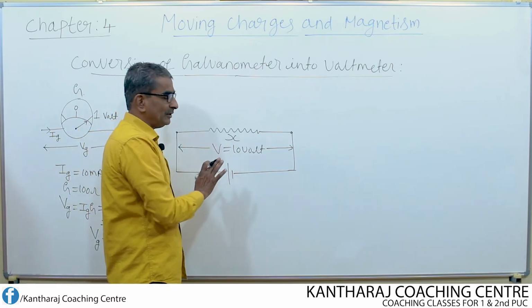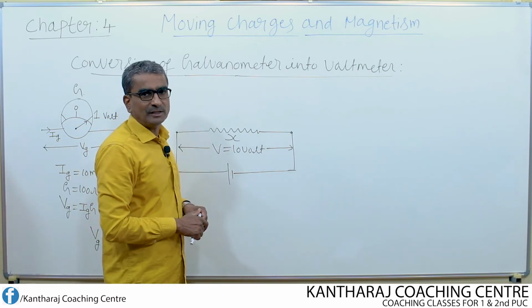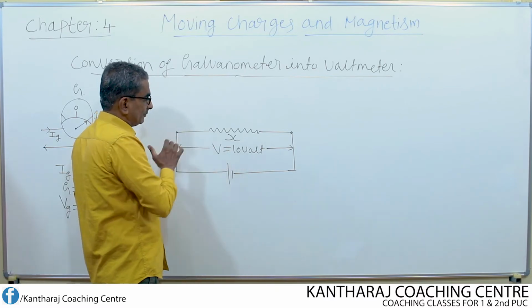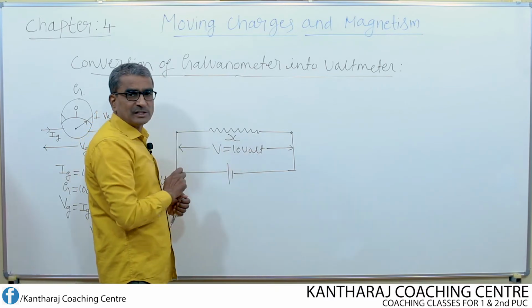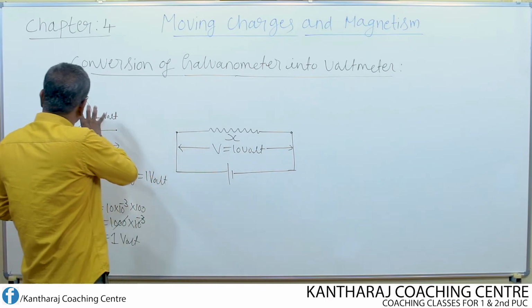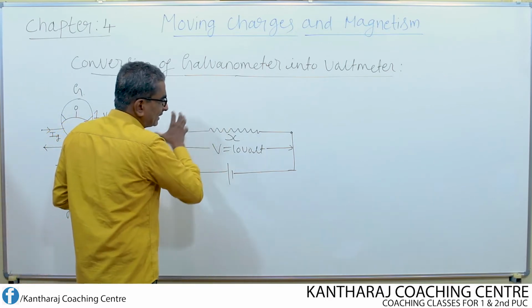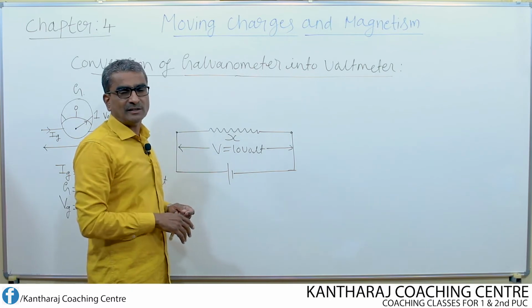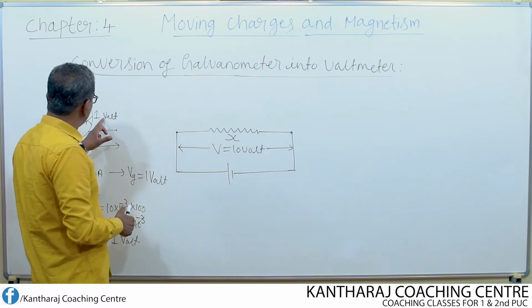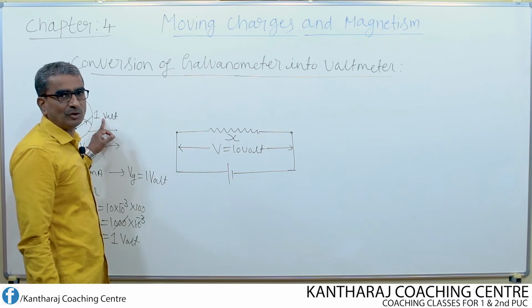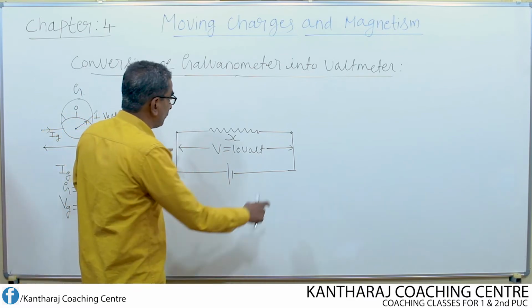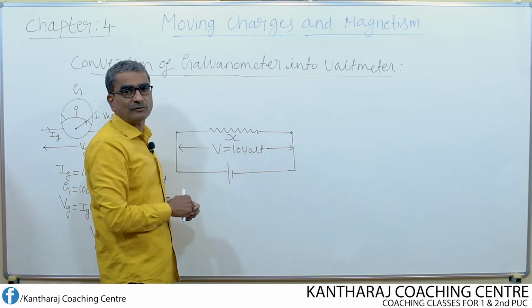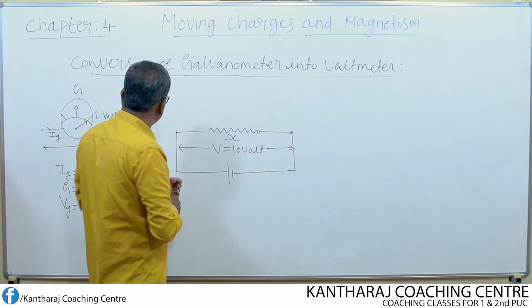This numerical value is only for the sake of example. It is not a standard value. Now, if 10 volt potential difference is to be measured, can I connect this galvanometer directly to measure this 10 volt potential difference? No, not at all. Because maximum it can measure a potential difference of 1 volt, whereas we need to measure a potential difference between these two ends equal to 10 volt for this amount of resistance. So what do we do?